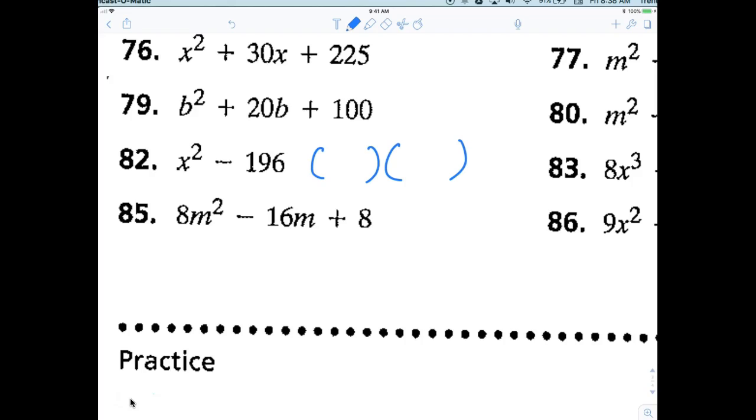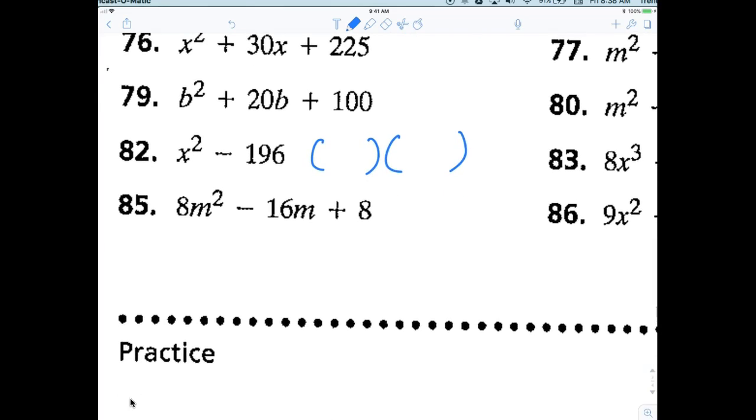I want the answer. Michael, your job is to tell me when you don't know something. You're good at patterns, kiddo. Come on, it's the same. What times what is x squared? Right. And then what? Right. Plus 14 and minus 14.